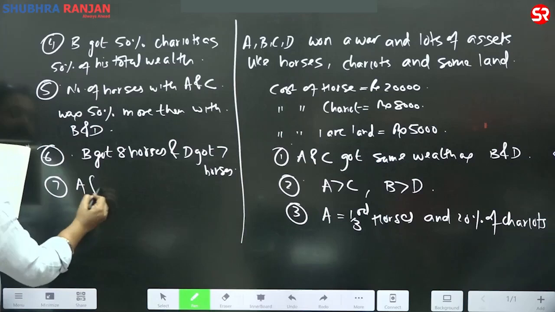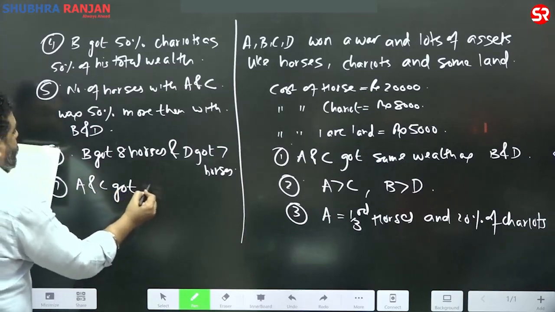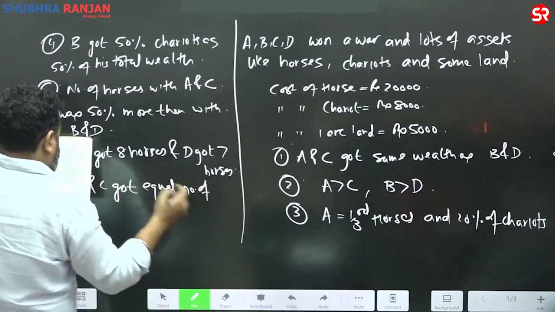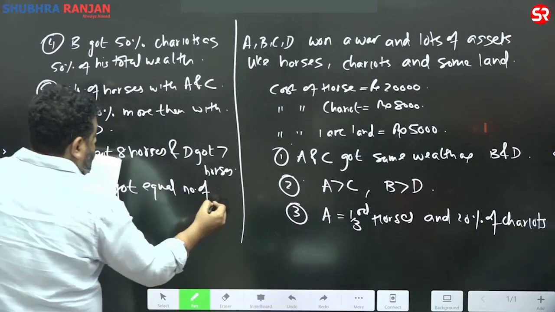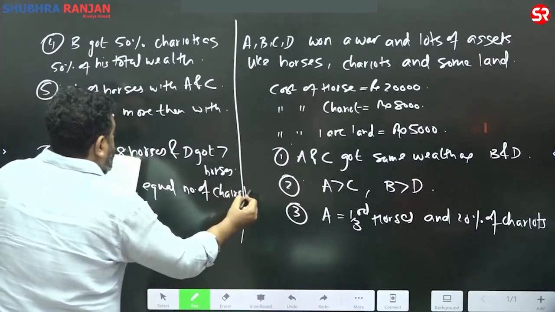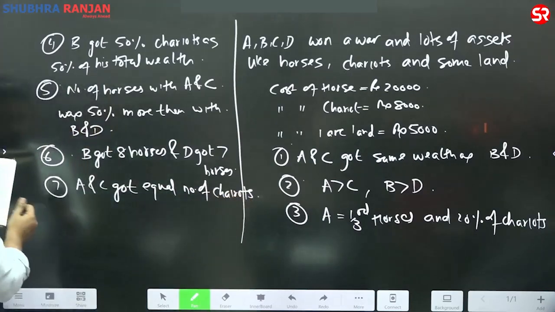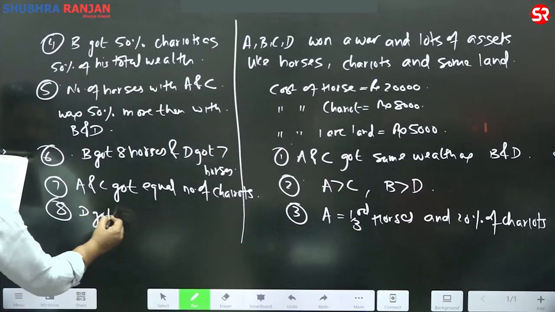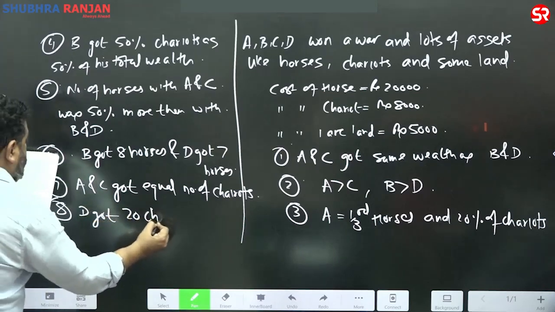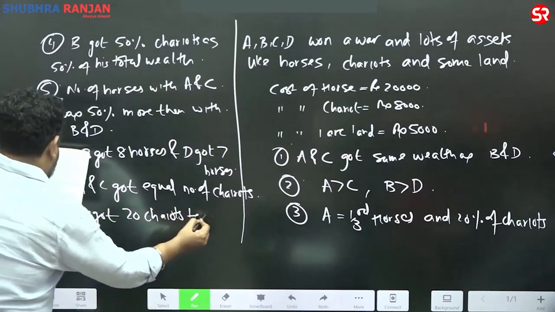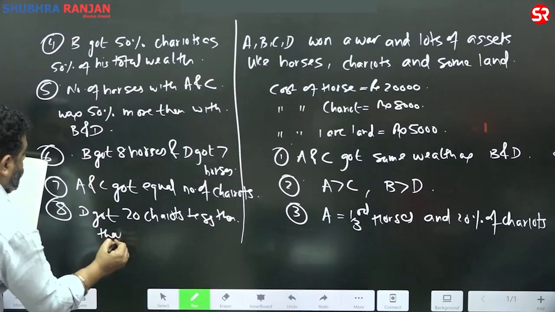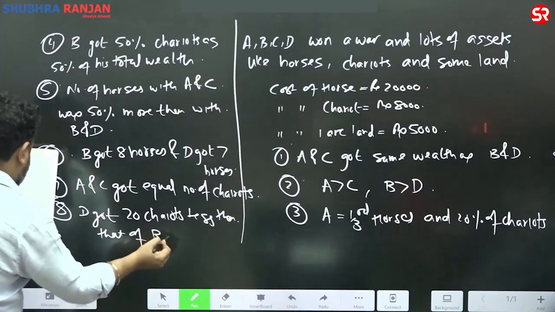A and C got equal number of chariots. D got 20 chariots less than that of B.